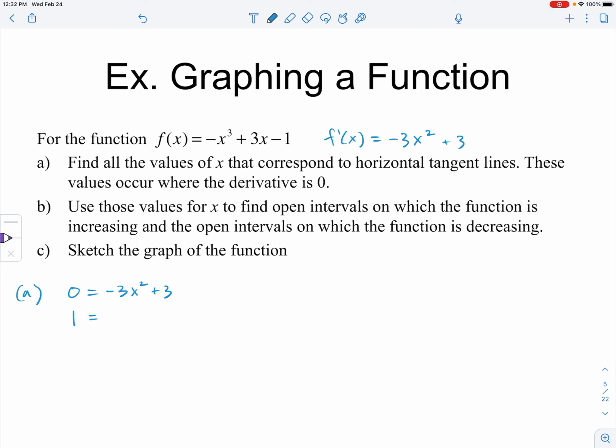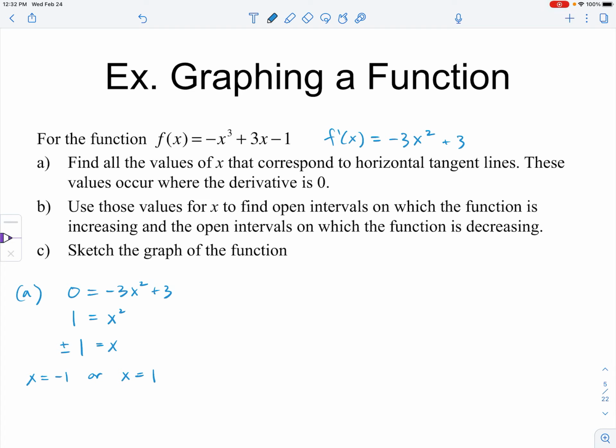If I subtract 3 from each side, divide by negative 3, then I'm left with x squared equals 1. So x is equal to plus or minus 1. That means x equals negative 1 or x equals 1. Those are the two x values where there would be horizontal tangent lines for the function f of x.